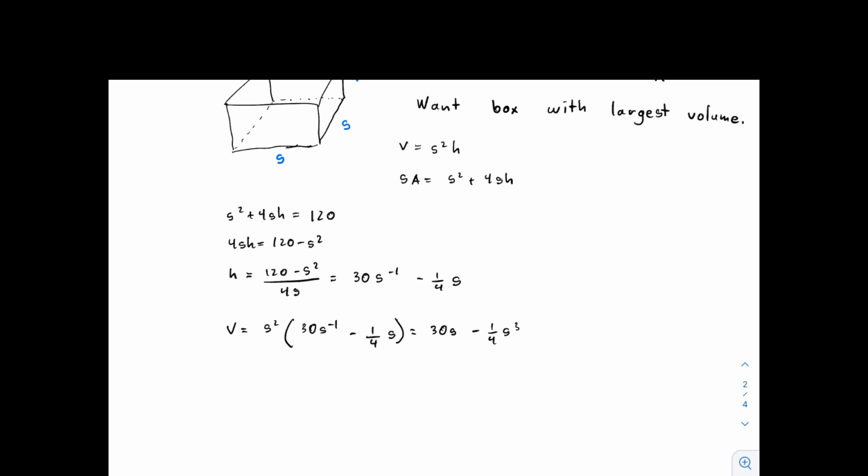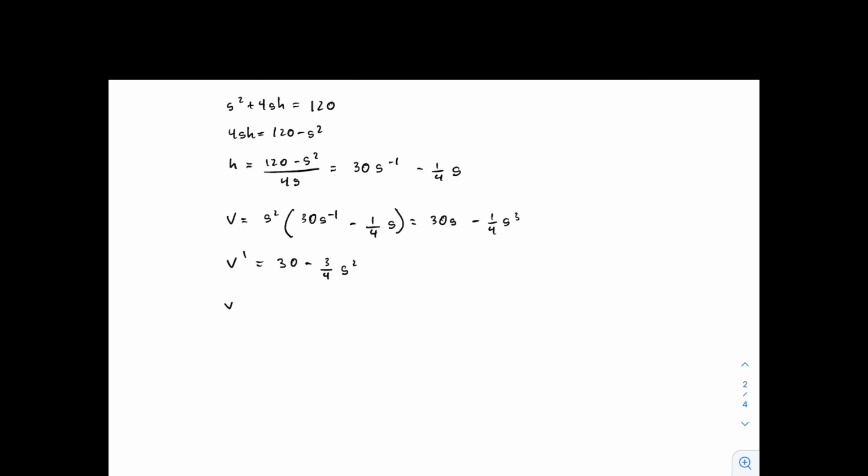And now from here we can proceed with our usual approach to things, which is to find the derivative first, and that's going to give us 30 minus 3/4 s squared.